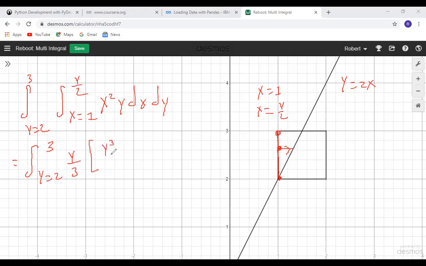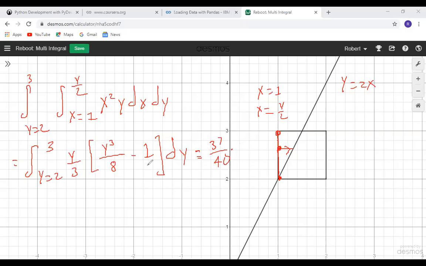So this is y cubed over 8 minus 1 dy. This is a Calc 1 integral. I'll let you compute it on your own, but the answer is 37 over 40.